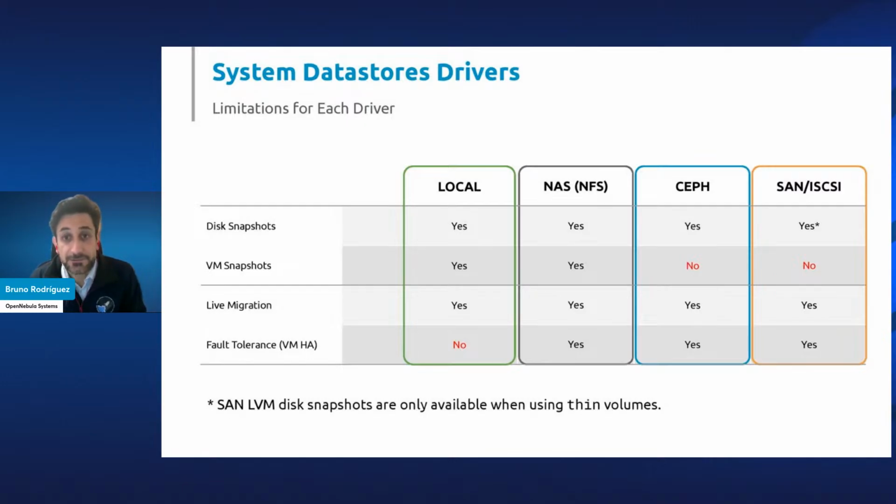In this case, with Ceph and SAN, we rely on libvirt, and it's not easy for libvirt to make a virtual machine snapshot with the memory. With Ceph and, well, we call it SAN, iSCSI is just a way of SAN. We can consider it a SCSI presentation of a LUN over the network. So VM snapshots are not supported with these datastore drivers.